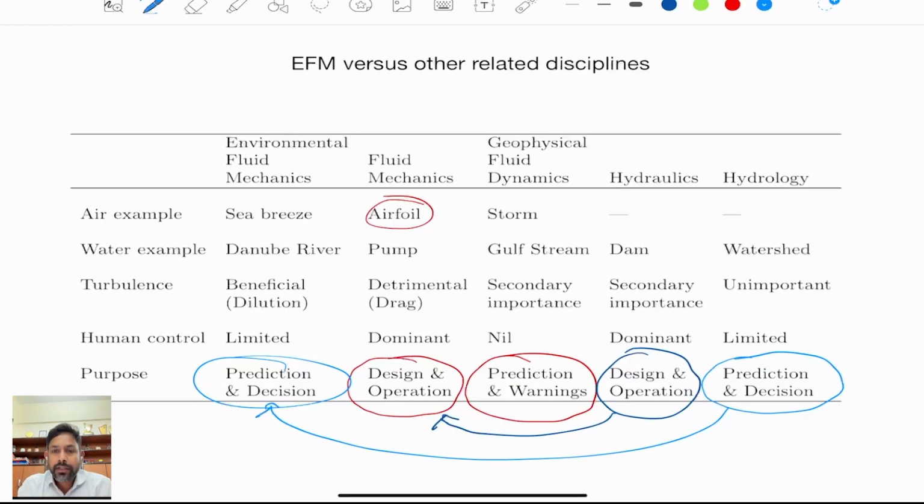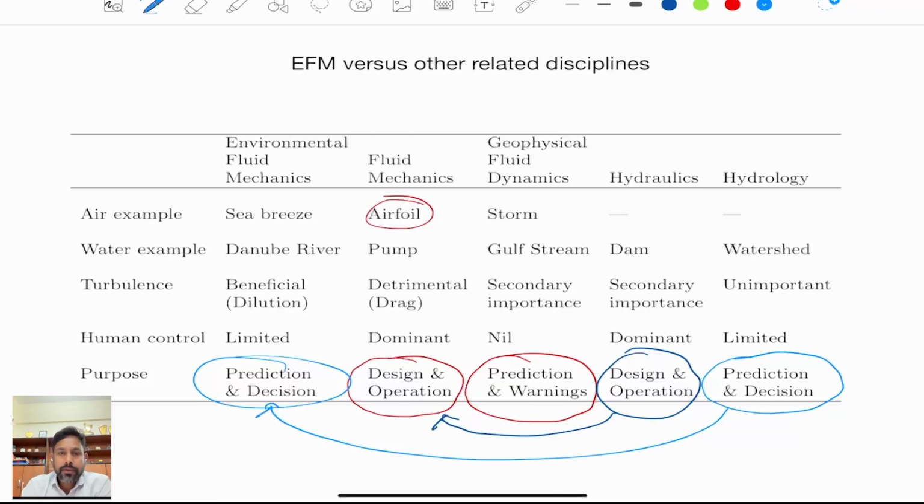So in hydrology, we focus mostly on rainwater, groundwater, and all those things. So the area is very specialized. Whereas in case of environmental fluid mechanics, we are not focusing on that particular area, but we are focusing in general on naturally driven flows. And here as well, we are trying to see the prediction and design, just like hydrology.